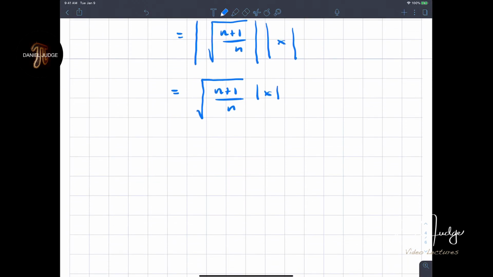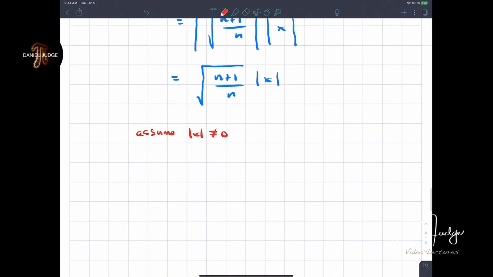And so again, let's assume this term is not zero, because do you guys understand something important here? If the absolute value of x equals 0, let me say this so that we get that out of the way.